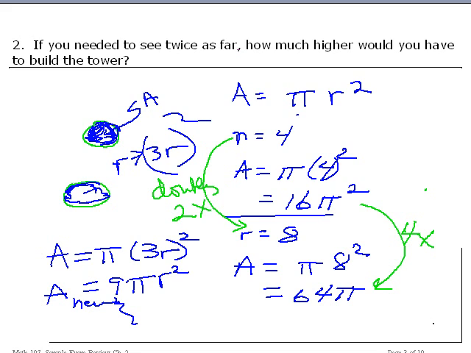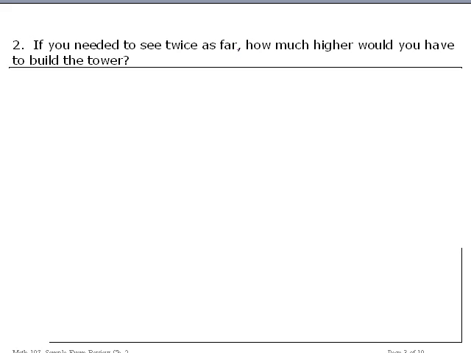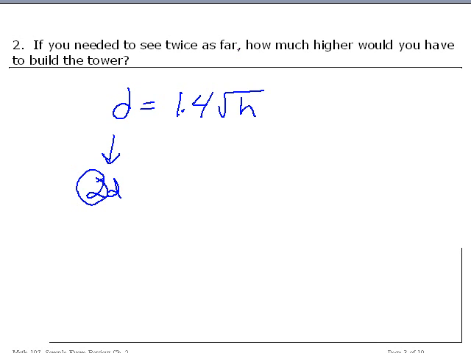All right, let's go back and think about the tower now. So I'm going to start here. d equals 1.4 times the square root of h. In this case, it's not squared, it's a square root. I want to see twice as far. So if I change this d into a new value, which is twice d, what do I have to do to h to get this 2 out front?